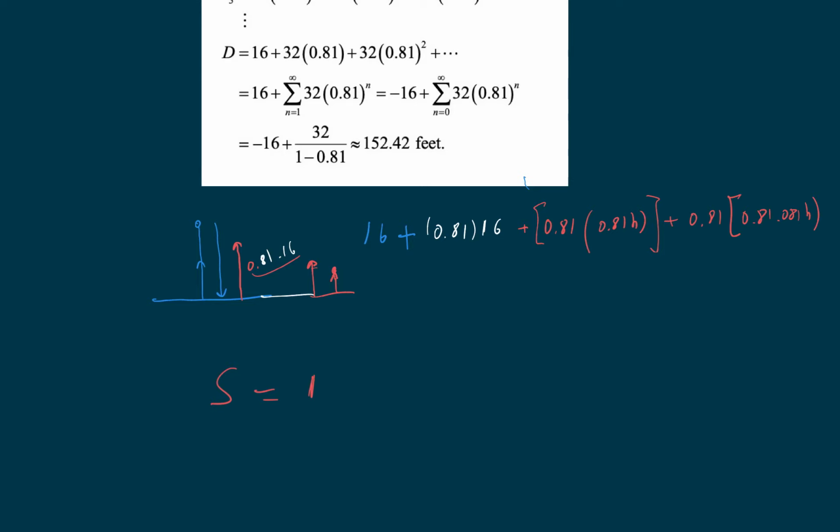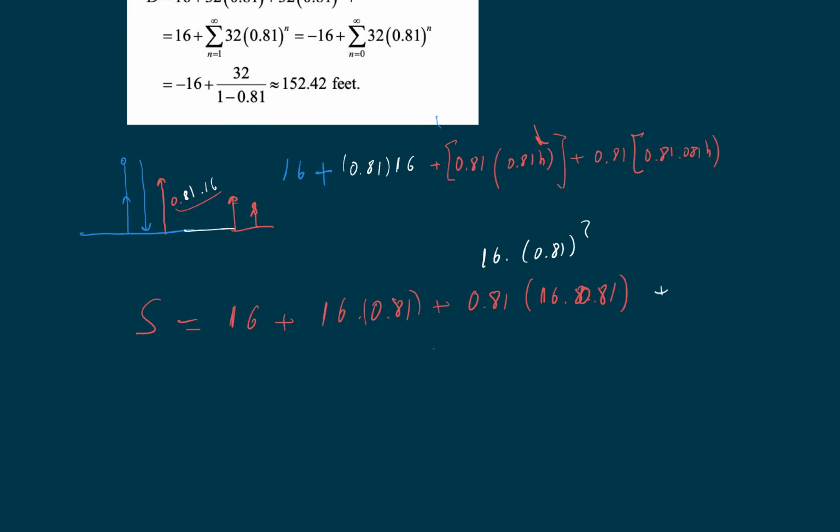So the sum will be 16 plus 16 multiplied by 0.81 plus 16 times 0.81 squared, and keep going, plus 16 times 0.81 cubed.